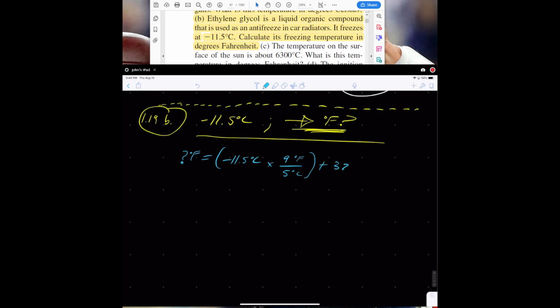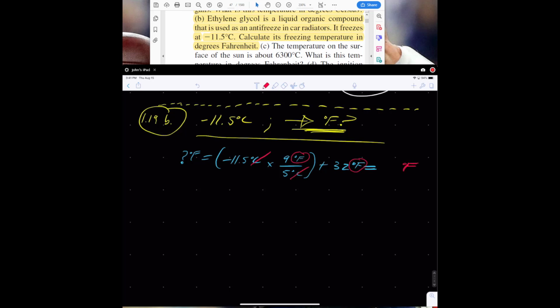And then we're going to add 32 degrees Fahrenheit. Okay? So we remember that the degrees Celsius cancels out, so what we're left with is Fahrenheit, and that's what our answer is going to be in Fahrenheit.